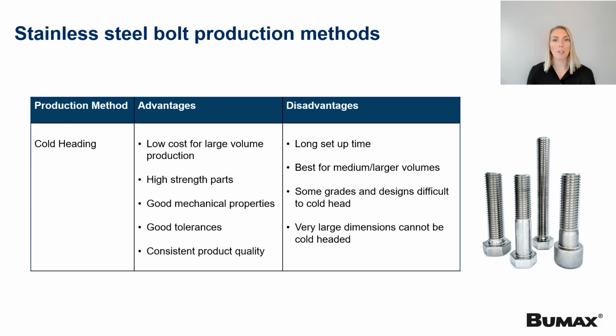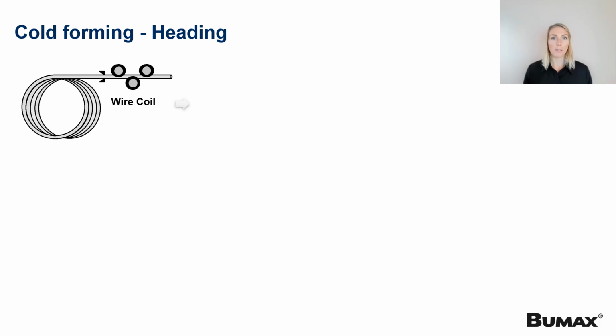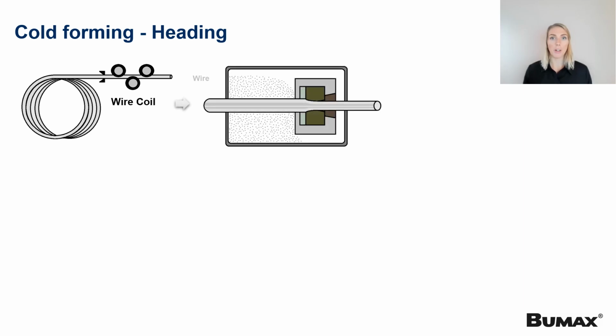Depending on the requirements of the part's design, the workpiece may pass through multiple dies or be struck several times in succession to achieve the proper shape. Cold forging consists of deforming a metal material at room temperature by applying very high pressure.